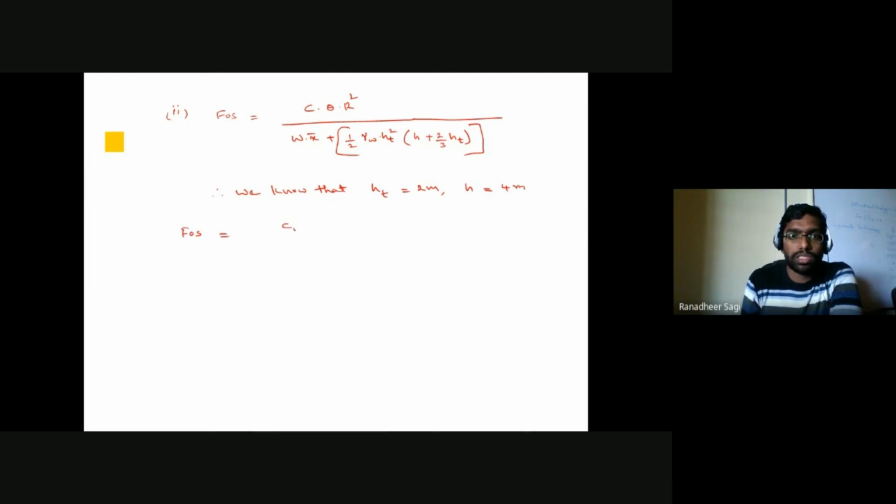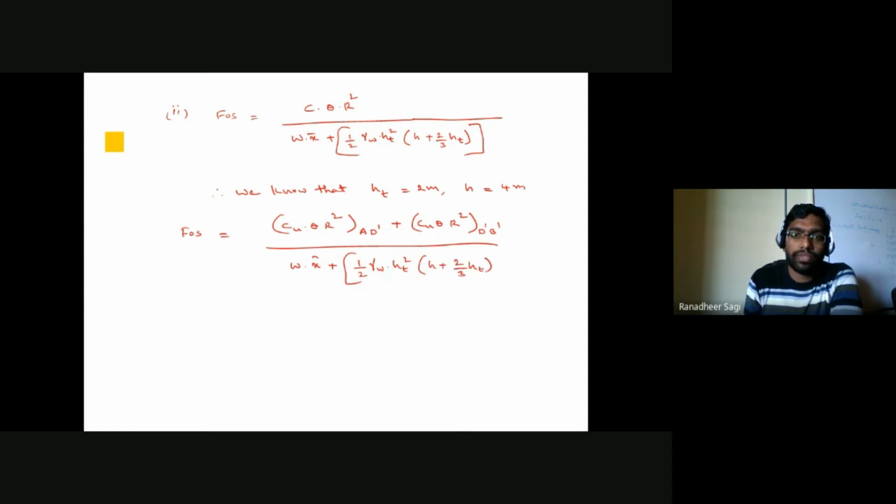Cu into theta into r square for the region of the soil failure surface going from point A to D dash, plus Cu into theta into r square for the portion going from D dash to B dash, divided by W into x bar plus half into gamma W into ht square into h plus 2/3 of ht.